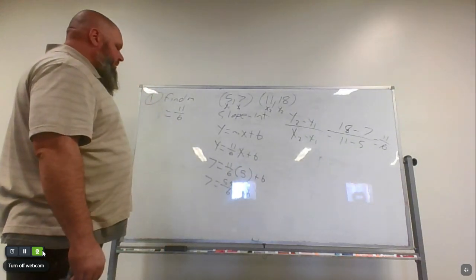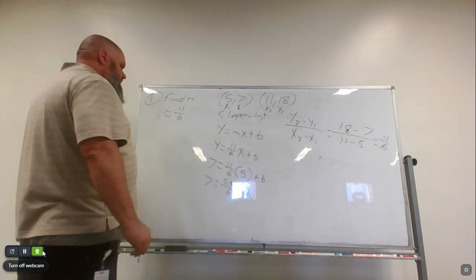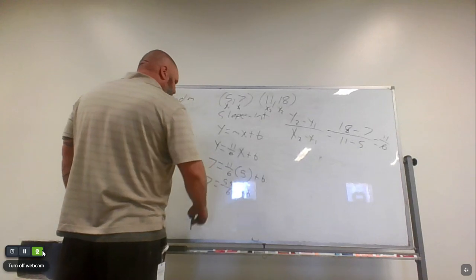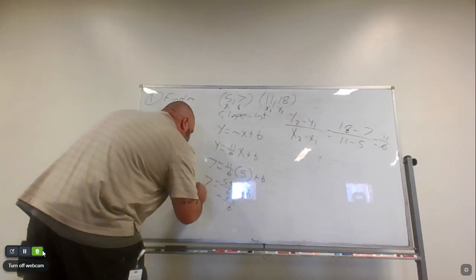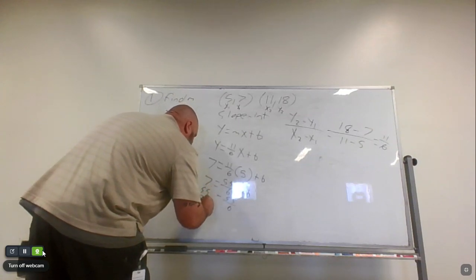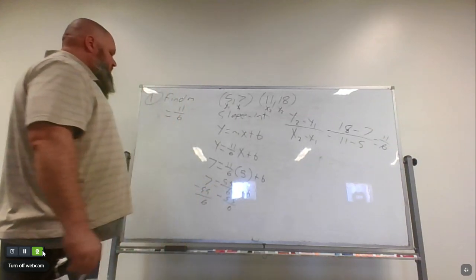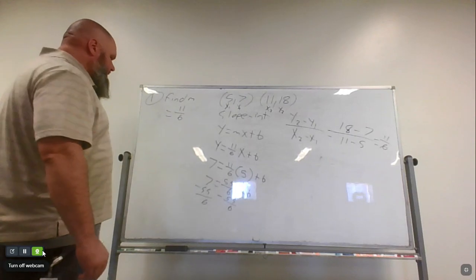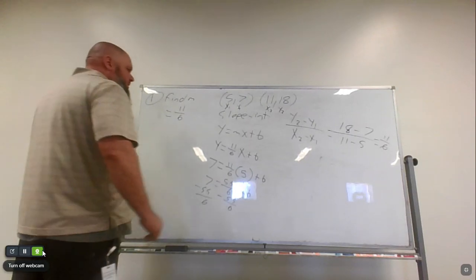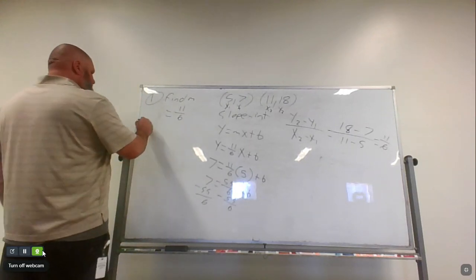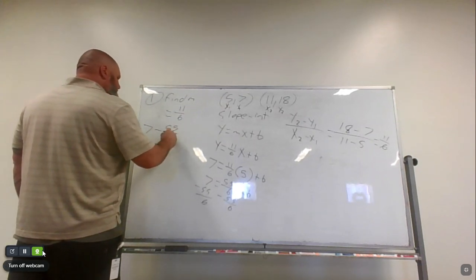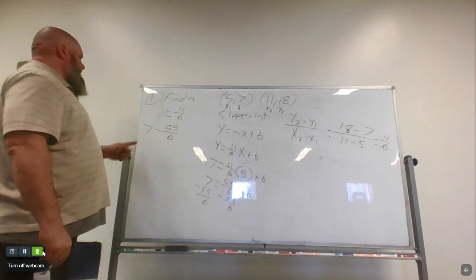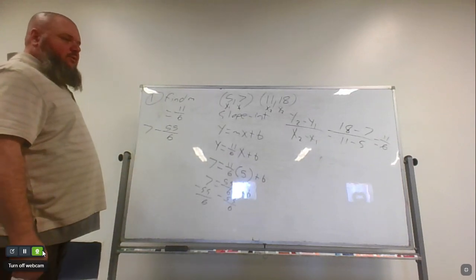Now we've got to solve for b. So in order to solve for b, we want to subtract 55/6. You do it to one side, you do it to the other. But can you subtract the whole number from a fraction? Let me come over here. I'm going to say it's 7 minus 55/6. Well, we need to get a common denominator, right? You guys remember doing this from high school?